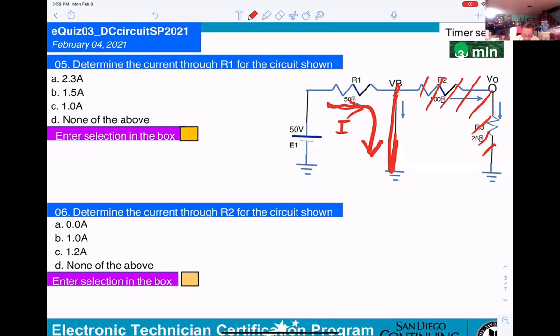So I will be 50 volt divided only by R1. Okay, so number C. I said this is a trick question.